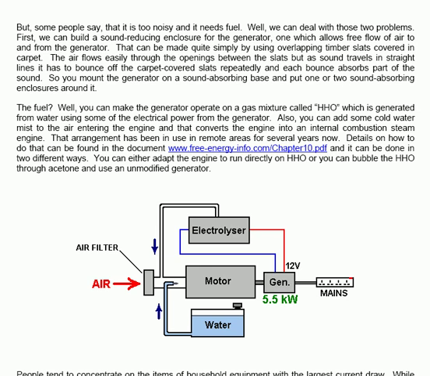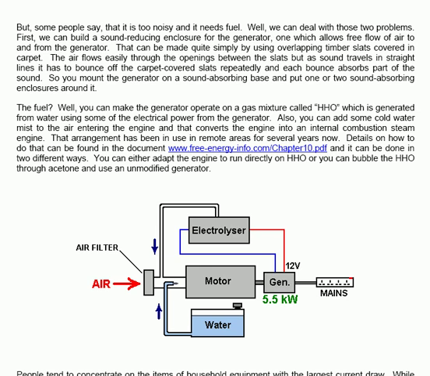The fuel? Well, you can make the generator operate on a gas mixture called HHO, which is generated from water using some of the electrical power from the generator. Also, you can add some cold water mist to the air entering the engine, and that converts into flash steam instantly on ignition and converts the engine into an internal combustion steam engine.